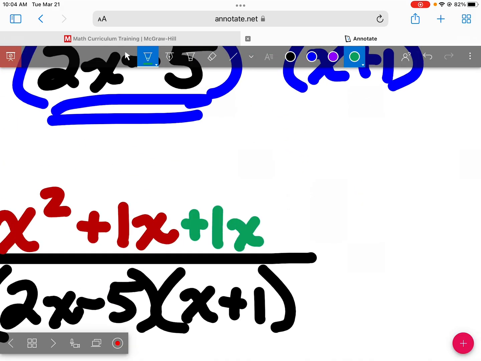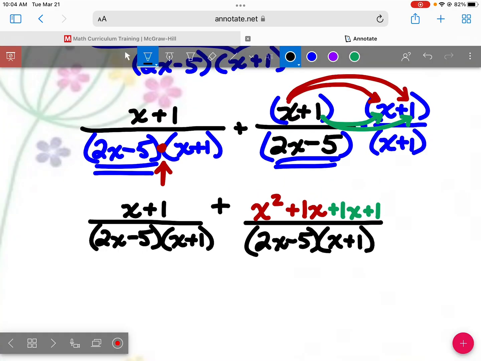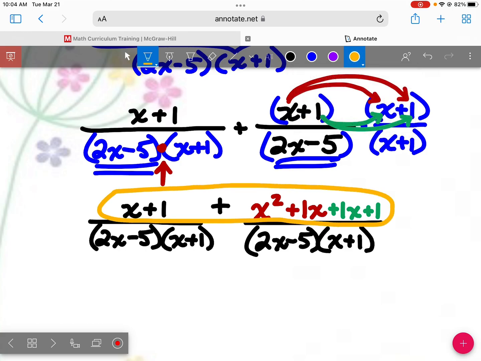And 1 times 1? 1. Are my two denominators the same? Yes. This matches this. So I am going to add these numerators together.